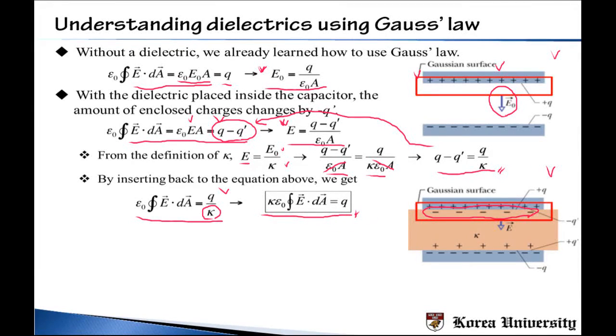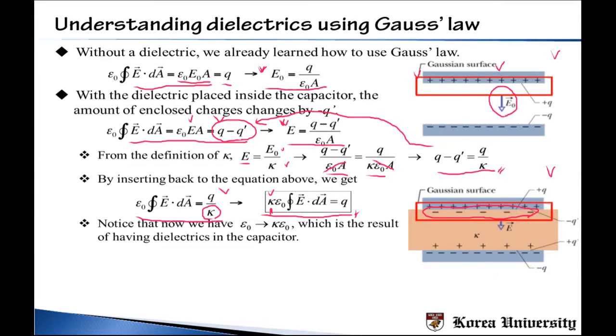Take a look at this equation. How does it look? It looks very similar to the Gauss law, except for this kappa, right? So what does it actually mean? Without dielectrics, the kappa will not be there, but when you insert the dielectric, the kappa has to be inserted here. This means that when the dielectric is inserted in the capacitor, whenever you have epsilon naught, we have to replace it by kappa epsilon naught.